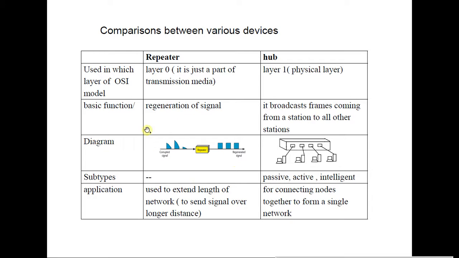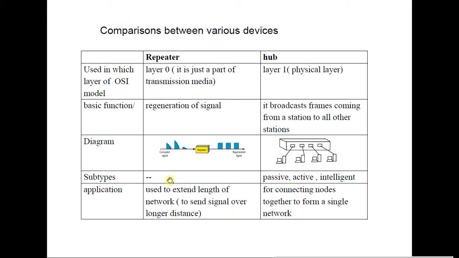So this is a diagram of a repeater. It connects two LAN segments, and so it increases the length of the cable. The repeater regenerates the signals, and the hub takes the frame from a station and broadcasts it to the other stations.